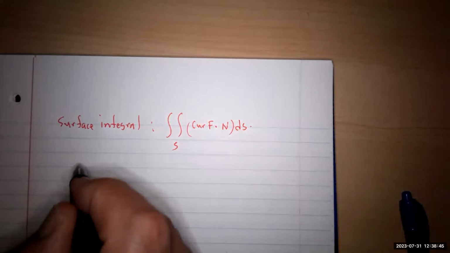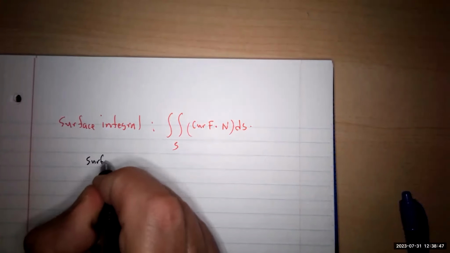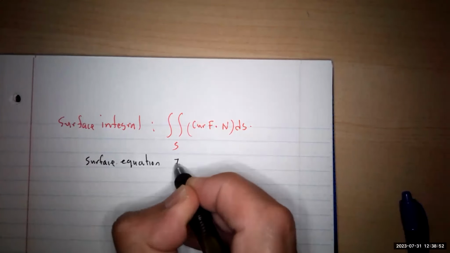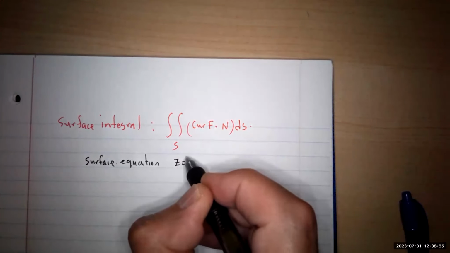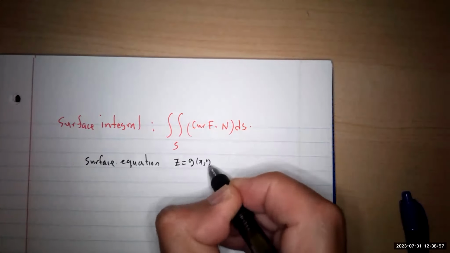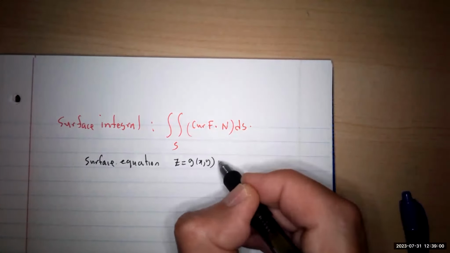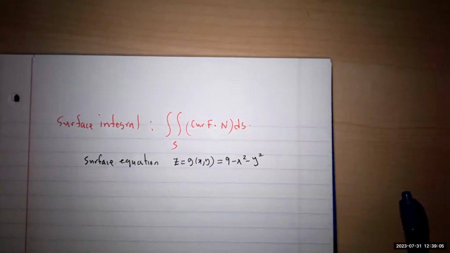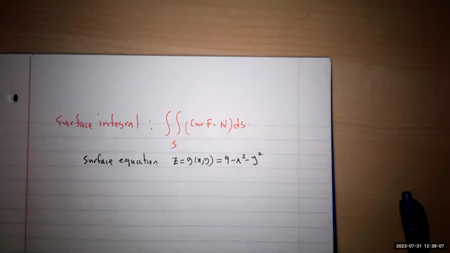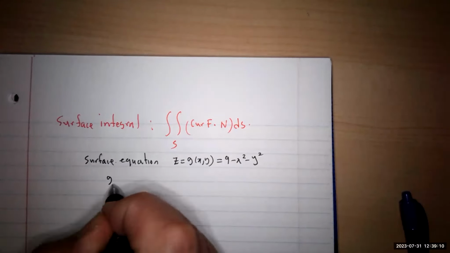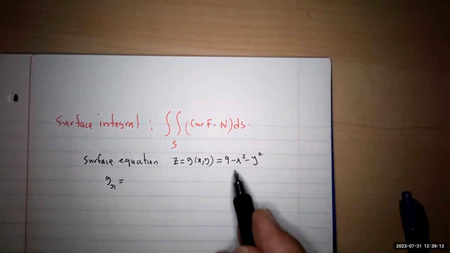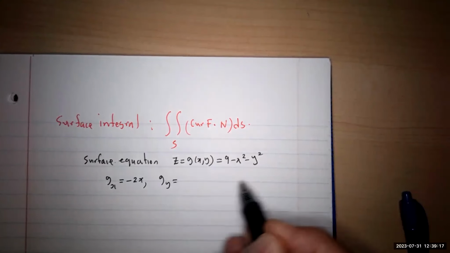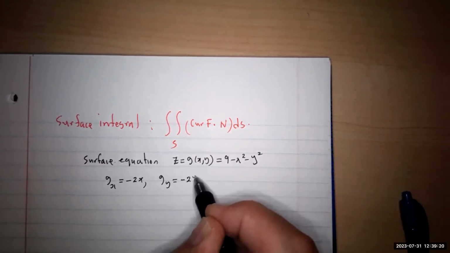A surface equation is of the form z equal to g of x, y. You see the z was given to you: z is equal to 9 minus x squared minus y squared. We give you the formula for this. You can do it if you like, it's not a big deal. g sub x is equal to negative 2x, and g sub y is equal to negative 2y.